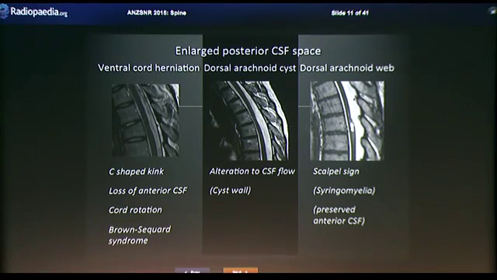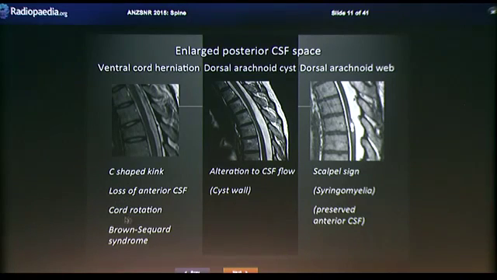So in summary, these three conditions look fairly similar at first glance. The first condition, the ventral cord herniation, you must have loss of that anterior CSF. In the others, occasionally it does obliterate the anterior fat plane, but that's just because of the size and severity of the displacement rather than part of the actual pathogenesis.